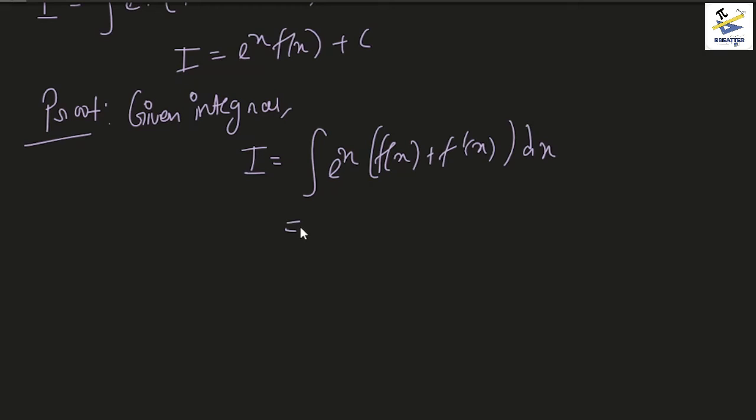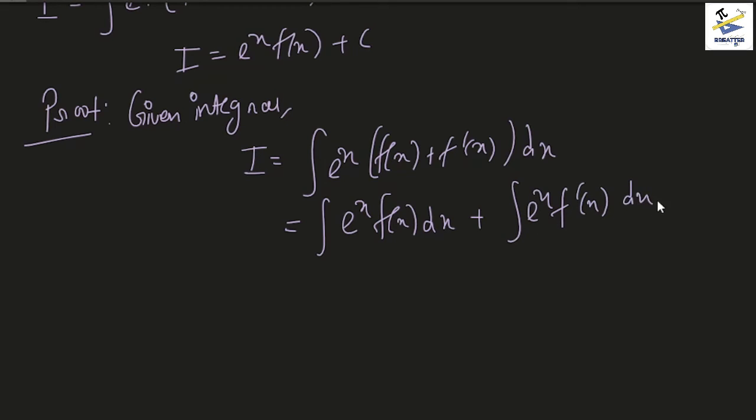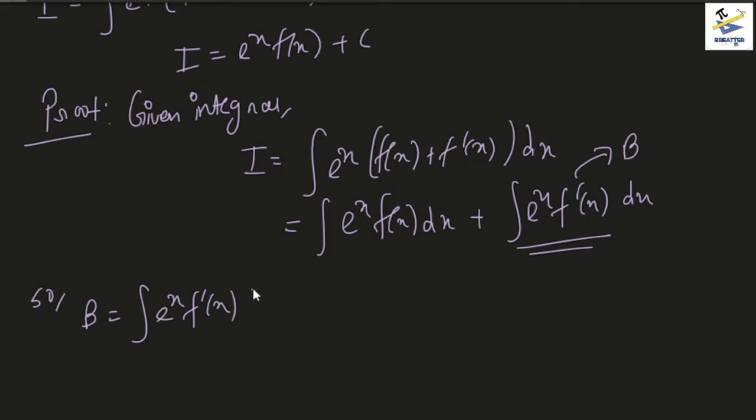Now let us separate it into two different parts, that is e to the power x into f of x dx plus e to the power x into f prime of x, or derivative of f x dx. So let us try to break down this second integral. Name this integral as b.